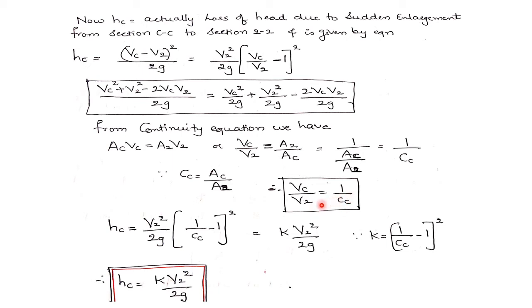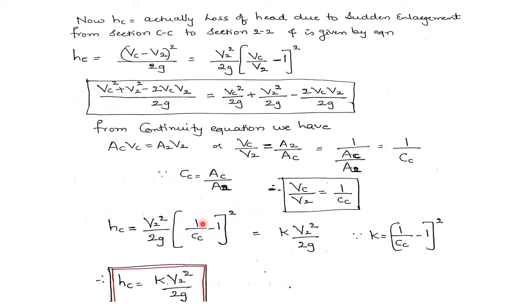This equation I will put here now, where HC is given by V2 square divided by 2g, which I have kept as it is. VC divided by V2 I have replaced by 1 divided by CC minus 1, whole bracket square. This (1 divided by CC minus 1) whole bracket square will be equal to K. That means K is equal to (1 divided by CC minus 1) whole bracket square.